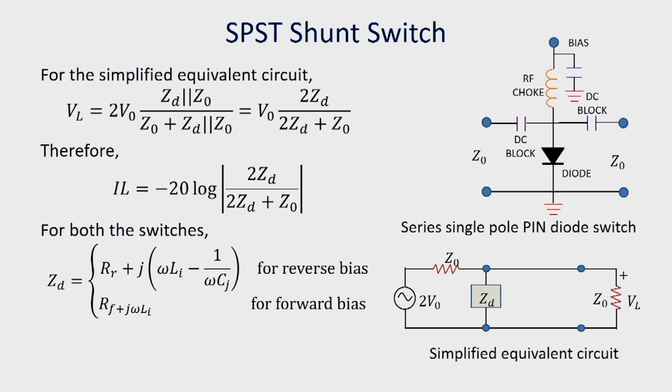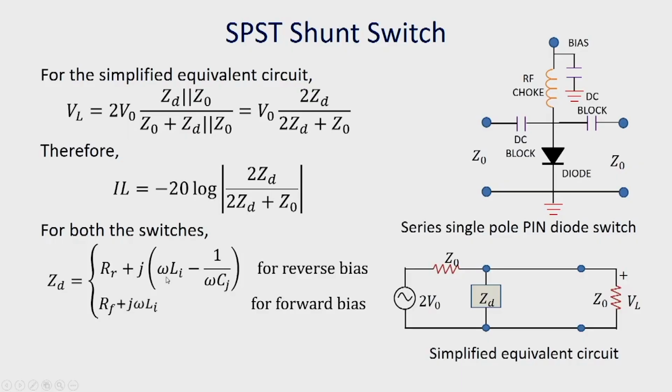So, to determine the insertion loss for the on and off condition, we need to calculate by substituting the values of ZD at the design frequency for reverse and forward bias conditions.